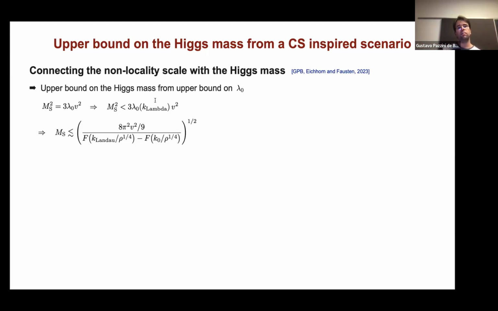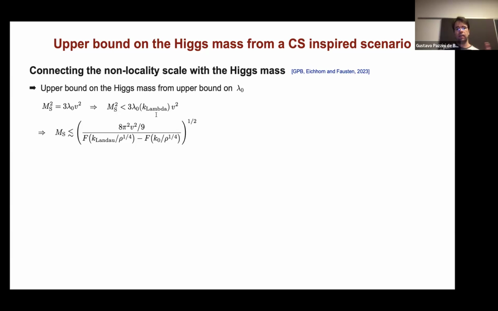And in particular, if you impose that the theory should be valid up to the Landau pole scale, essentially you can translate this into an upper bound on the scalar mass, where this lambda should be, instead of k lambda, k Landau, where lambda is a function of the Landau pole scale.